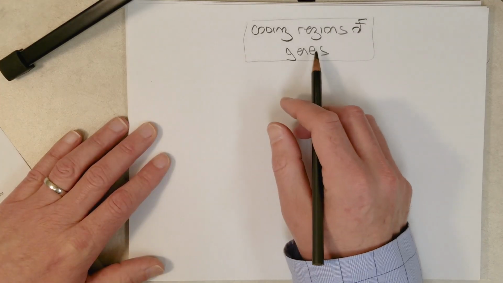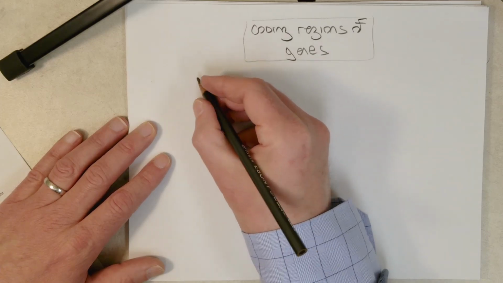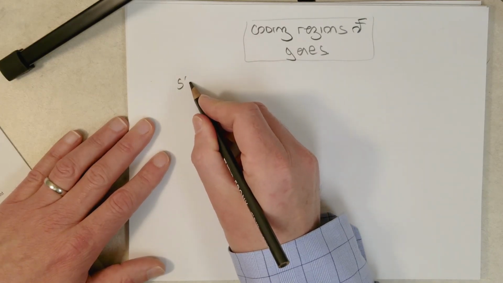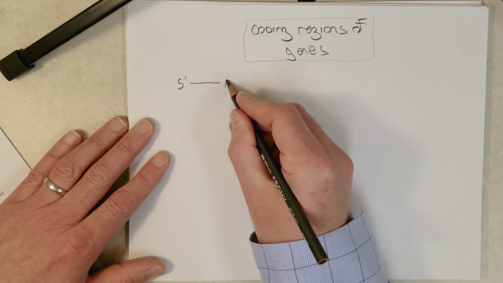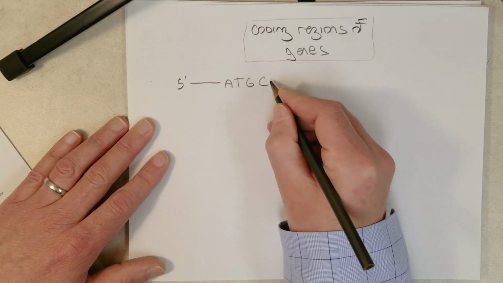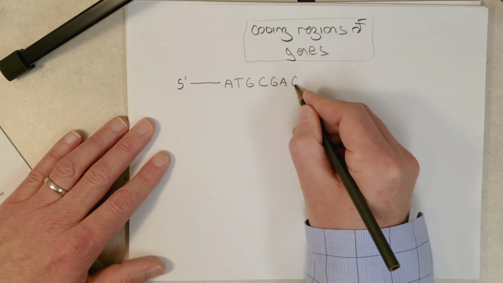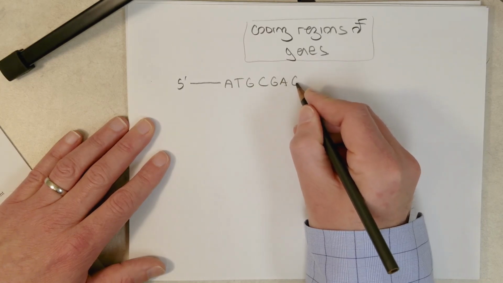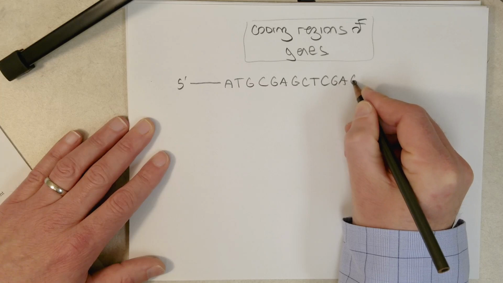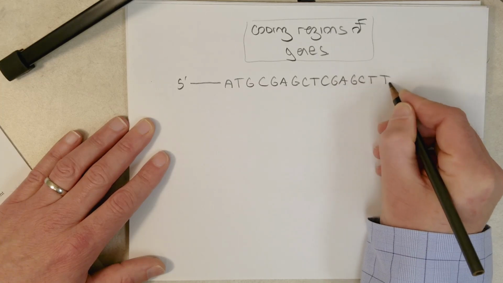So coding regions of genes. Let's take a look at some other mutations other than frameshift mutations that can occur in the coding region of a gene. So here is a coding region. Again, I'm not going to diagram the complementary strand. I'll make sure I don't put in a stop codon until the end.